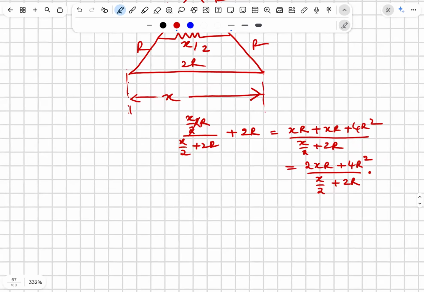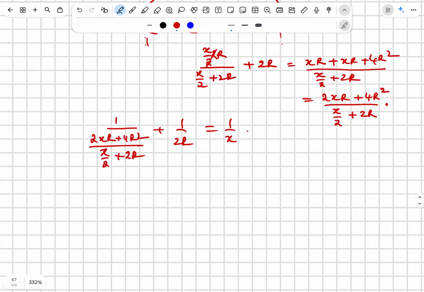But that is not the answer still. This is the above part. Okay, so 1 by this part, 2xr plus 4r square by x by 2 plus 2r, plus 1 by 2r is 1 by x.